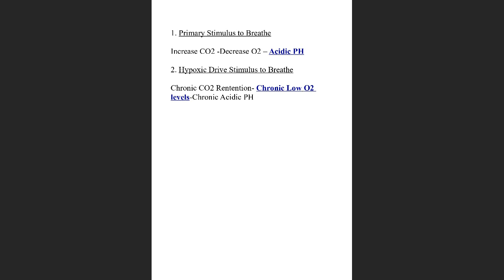We need to understand the difference between the primary stimulus of breathing and the secondary stimulus of breathing. With the primary stimulus, the primary stimulus to breathe comes from the brainstem. You learned this when we covered respiratory physiology. It comes from the brainstem.